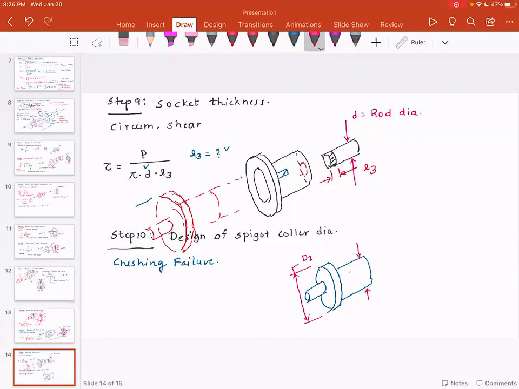Please note this dimension is already known, D1.